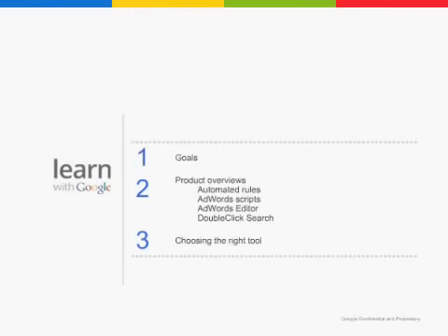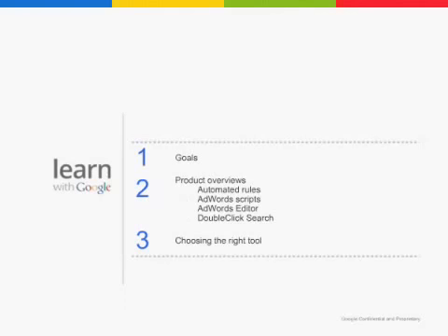So here's what we'll be covering today. First, we are going to be reviewing the goals of the webinar and how Google is working to help large advertisers and agencies be more effective and efficient with the right account management solutions.